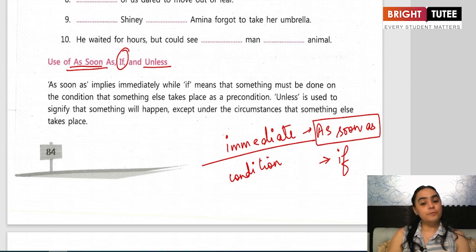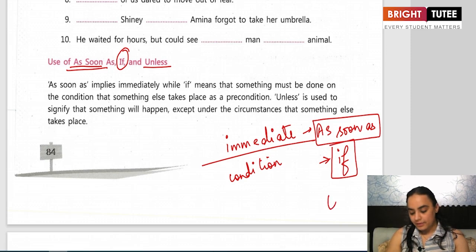I will cook food if I am not tired. Again, it is a condition that I am laying. I will go for a walk if it does not rain. Again, there is a condition. So when we consider completion of an action based on a condition, we use if.